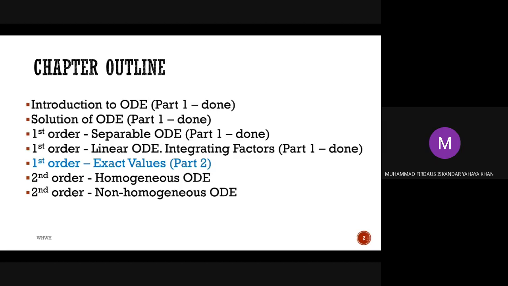Okay, now we come to the third method sebenarnya. We are going to discuss on the third method to solve first order differential equation. So basically, third method ni digunakan apabila first method tak jalan, second method pun tak jalan. Okay, so the third method here is so-called as exact values.